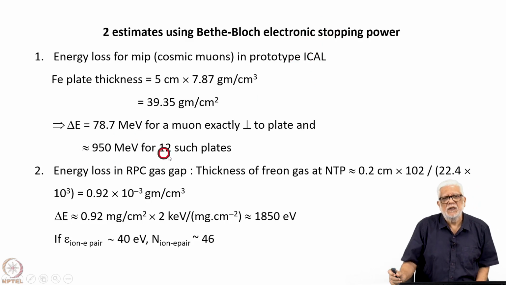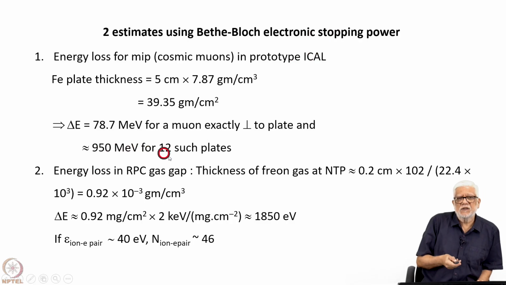And this is to be compared with the cosmic ray muon spectrum, which of course extends up to very, very high energies. But since it's a power law, the spectrum of cosmic muons goes like E to the minus 2 point something, 2.5, 2.7. So then the low energy muons stop in the early plates, in the first few plates, whereas the highest energy muons penetrate all 12 plates.